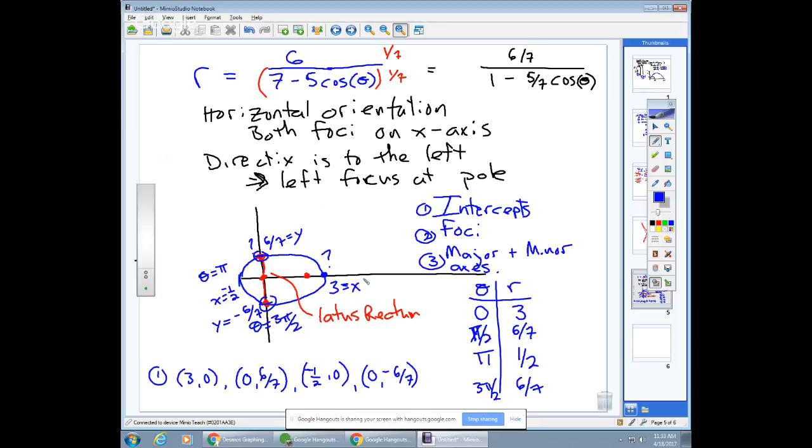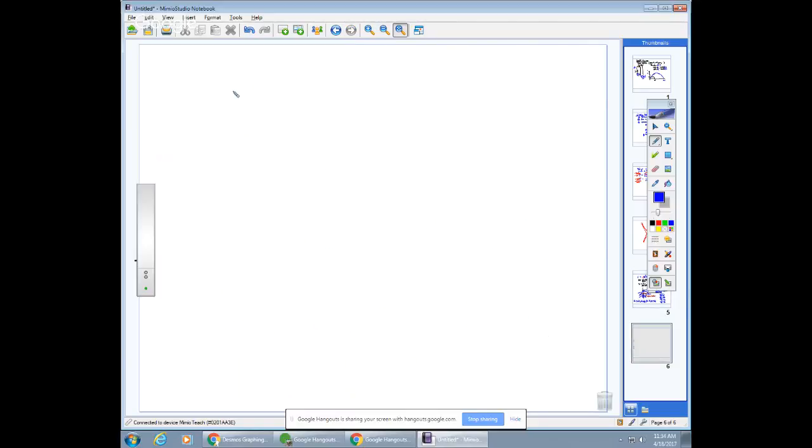And I often want to remind myself what I'm referring to. Like here, I could consider that the point where r is equal to 3 and theta is 0, but it's also the place where x is equal to 3 and y is 0. Okay, so let's do a quick picture of that again.